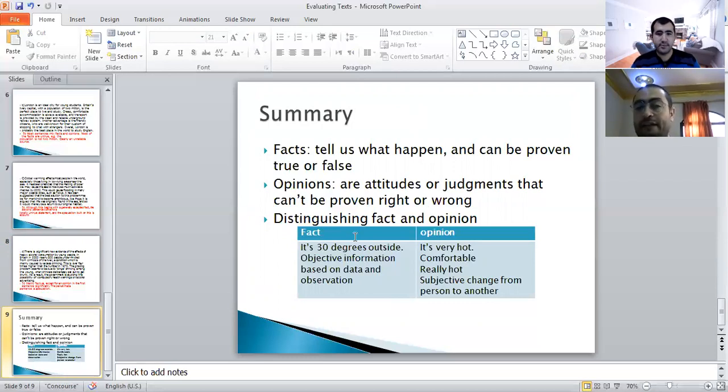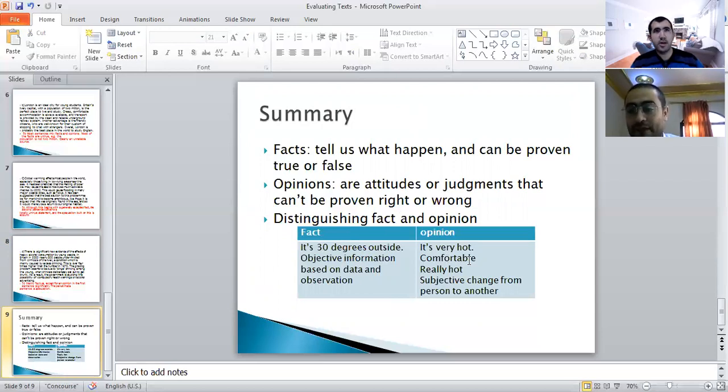Distinguishing fact and opinion: when I say, for example, it's 30 degrees outside, this is a fact. But you can say it's very hot, for me it's very hot, but for me, I can say it's comfortable. It's not very hot. 30 degrees is comfortable for me.